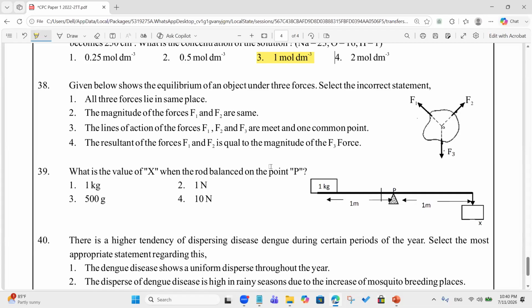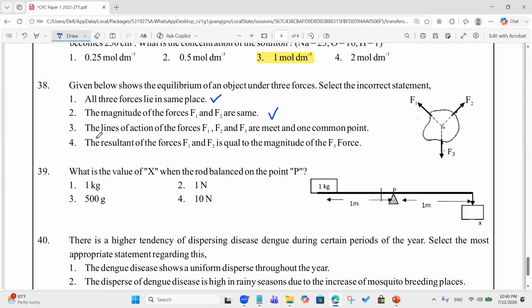All 3 forces lie in the same plane. True or false? True. The magnitude of the forces F1 and F2 are the same. True or false? True.